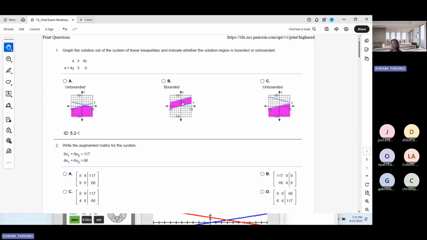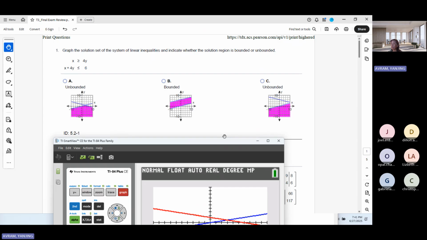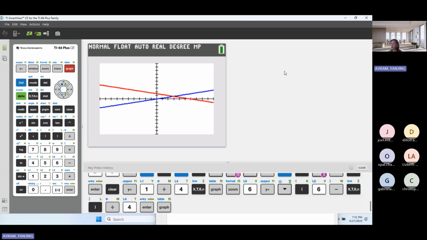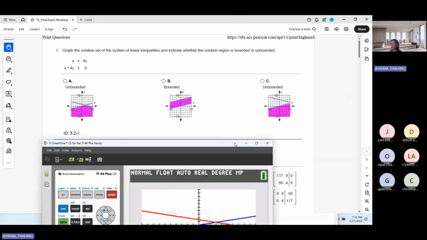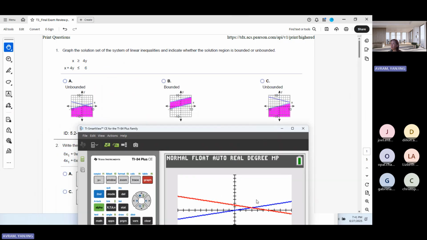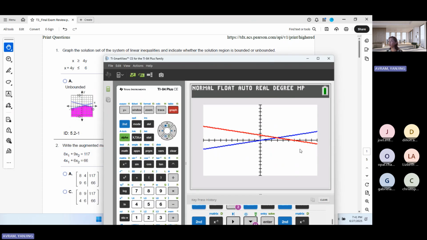The graph doesn't look like a parallel, and this one doesn't look correct either. The possible correct graph is to also look at the intersection point right here. When I printed this one, I didn't print all the graph out.